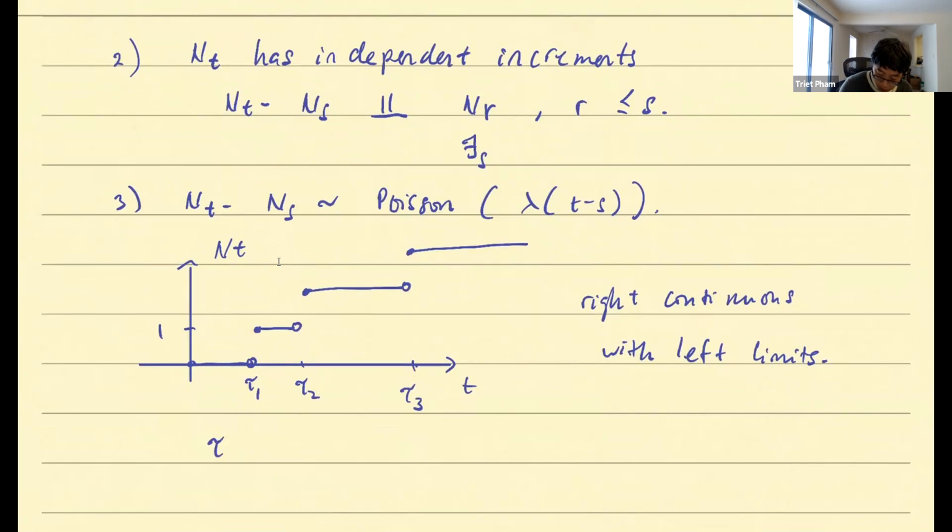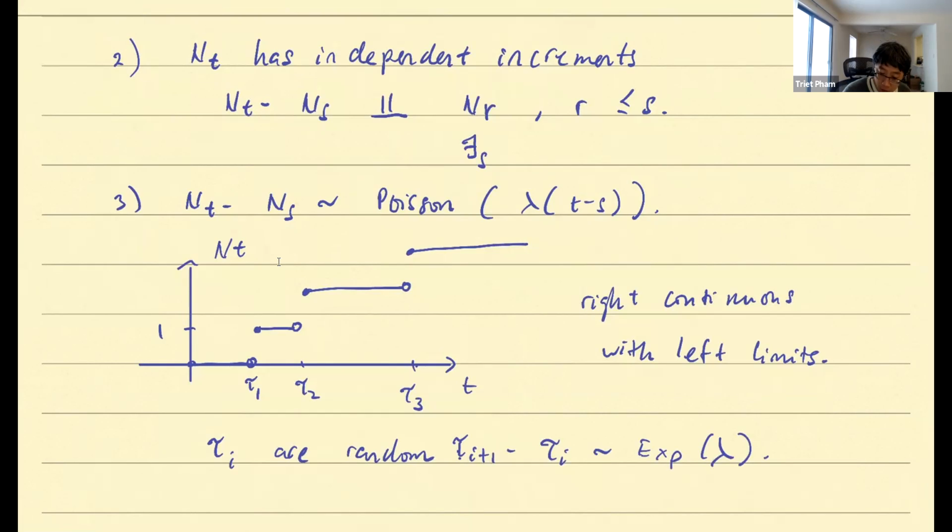Then the tau_i are random variables. Tau_{i+1} minus tau_i has an exponential lambda distribution.